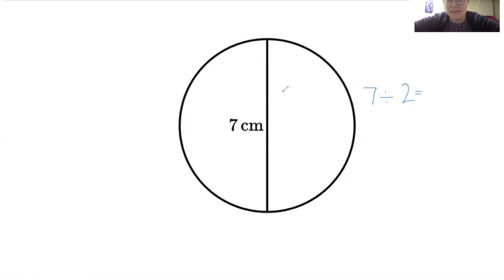Now, we know that 7 does not equally get divided by 2. Okay, we know that it's not an even number. So we have to think what we already know about numbers in order to get 7 divided. So we are going to have a decimal. So if I have 7, or I think of a number that closely is divided by 2 evenly, I have 6.